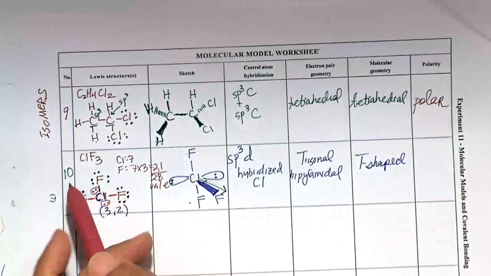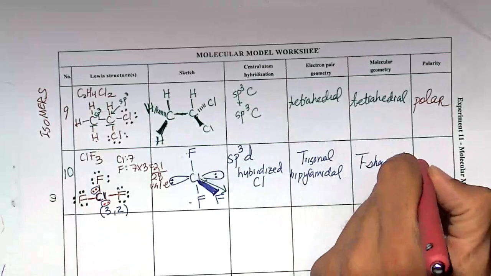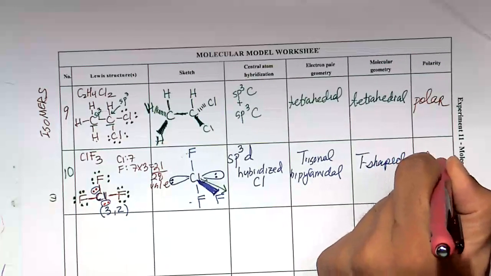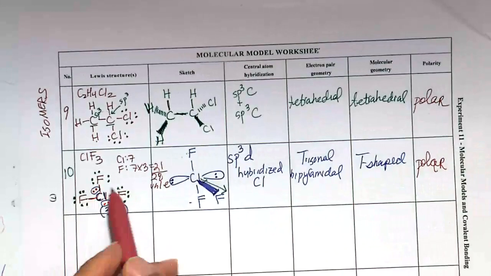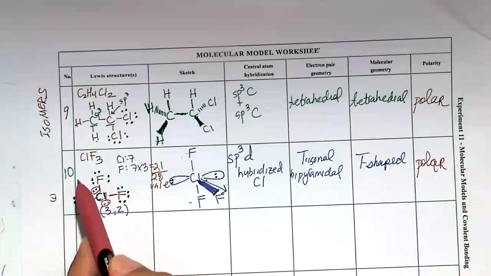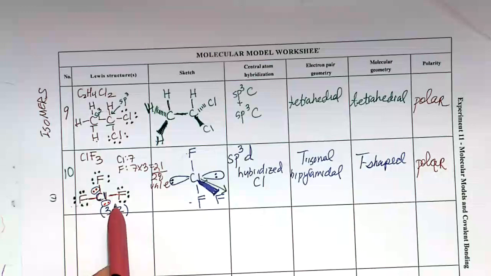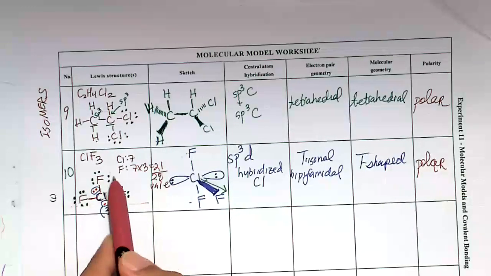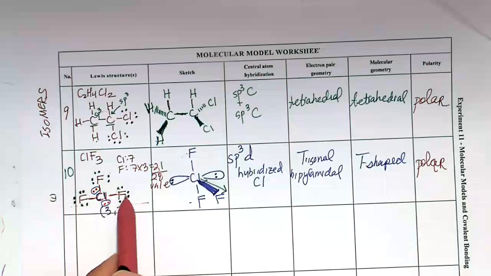This is a polar molecule. I don't see any symmetry. Everyone agree? No symmetry. These electrons cancel. This fluorine and that fluorine cancel. There's nothing to cancel the pull from this one fluorine. Again, no symmetry. It's a polar molecule.